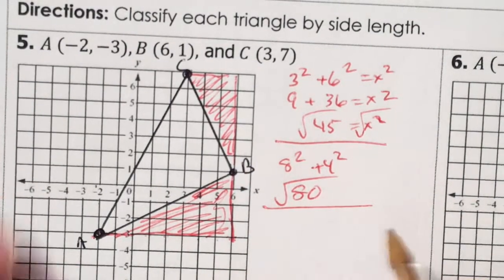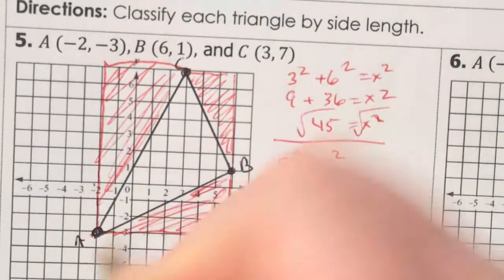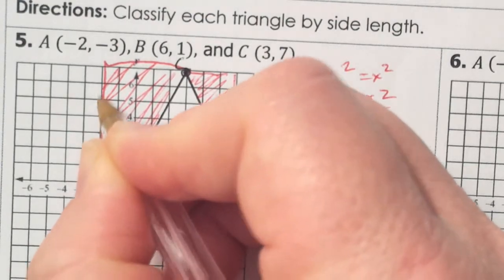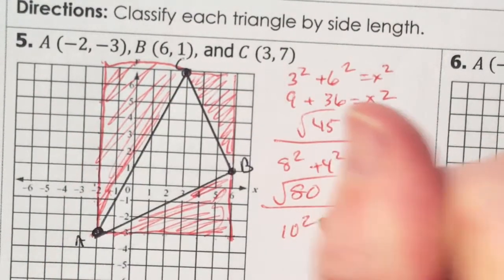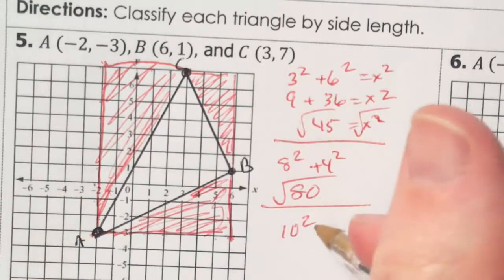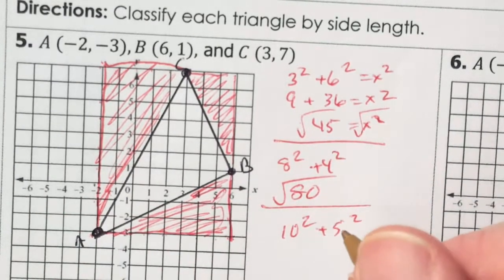Okay, and then right here, make a right triangle. All right, and we get 1, 2, 3, 4, 5, 6, 7, 8, 9, 10. So we have 10 squared, and we have 1, 2, 3, 4, 5, plus 5 squared. So 10 squared plus 5 squared, and we pop out with 125.